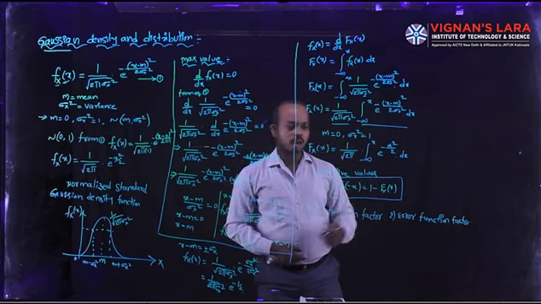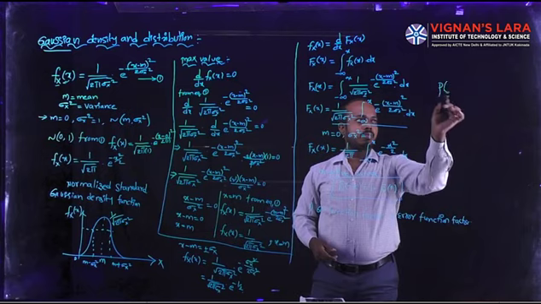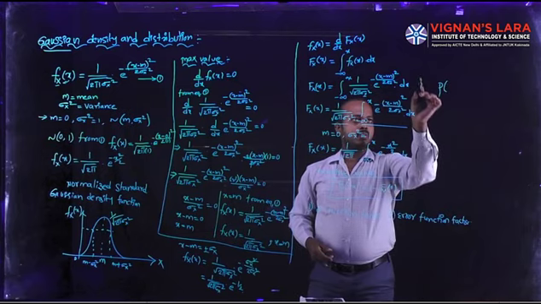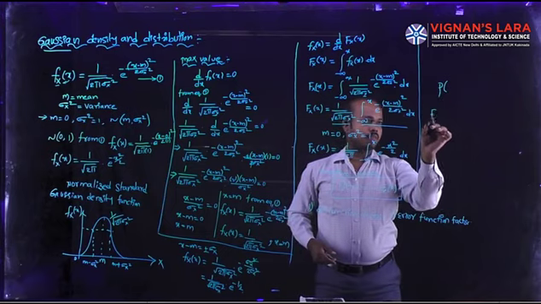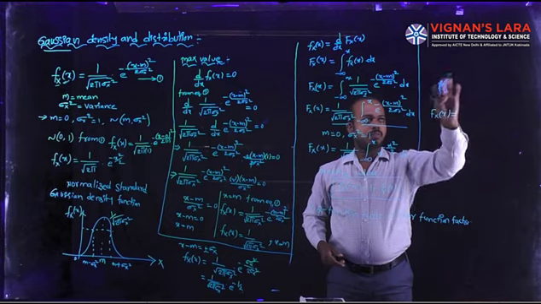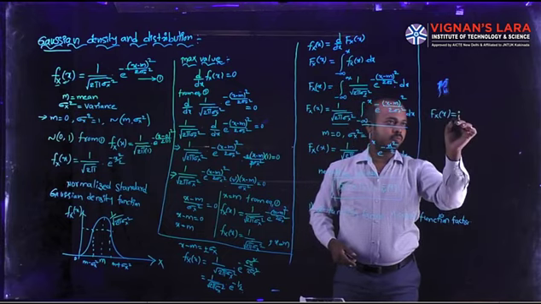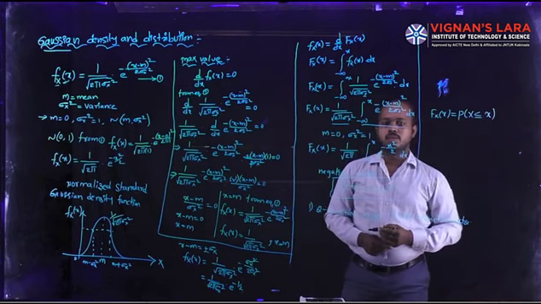Already you know how to write the distribution function: fx of x is equal to the probability of capital X less than or equal to small x.